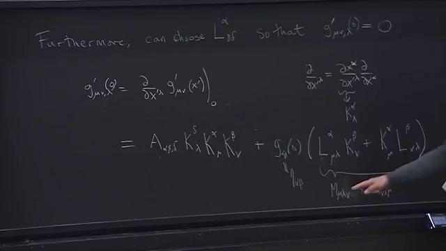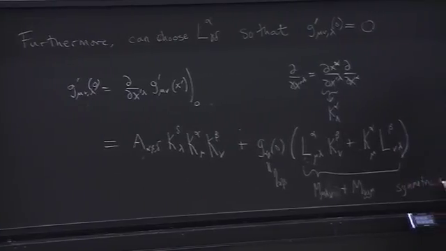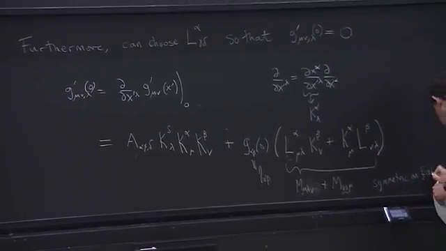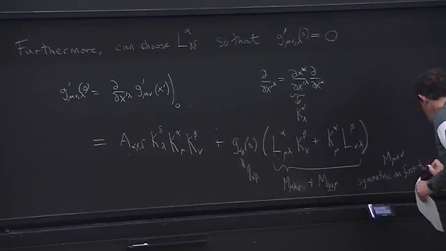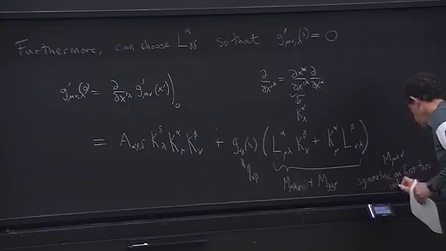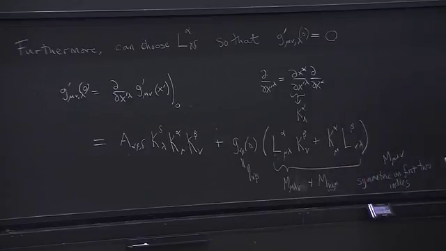I've just put this L matrix over there. It's symmetric under these first two indices. So this matrix M, mu lambda nu, is symmetric on the first two indices, because L is symmetric on its two indices.